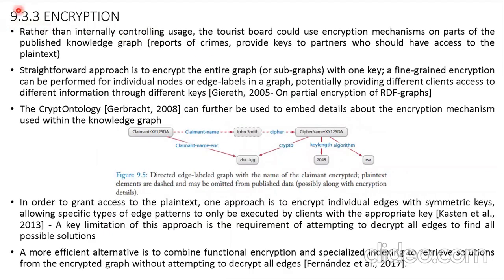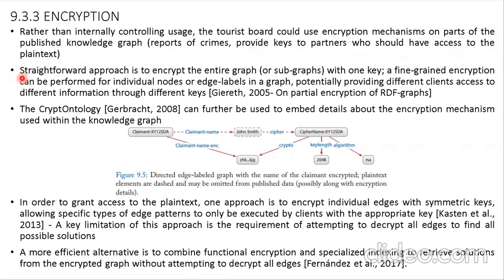So we move to the encryption properties. Rather than internally controlling usage, the tourist board could use encryption mechanisms on parts of the published knowledge graphs, including, for example, the crime reports, and provide keys to the partners who have access to the plain text.